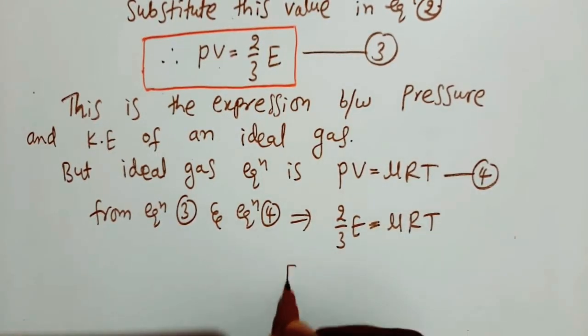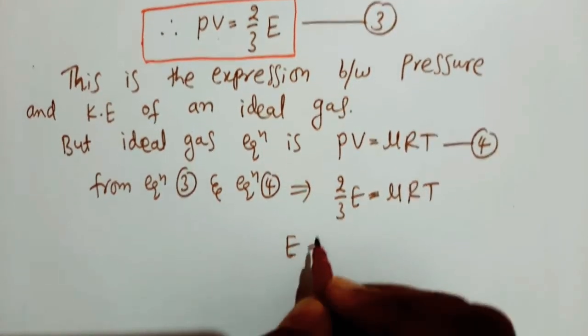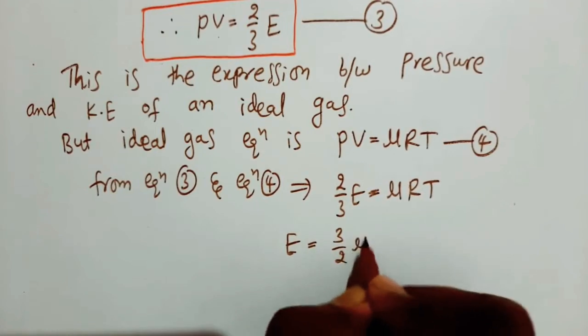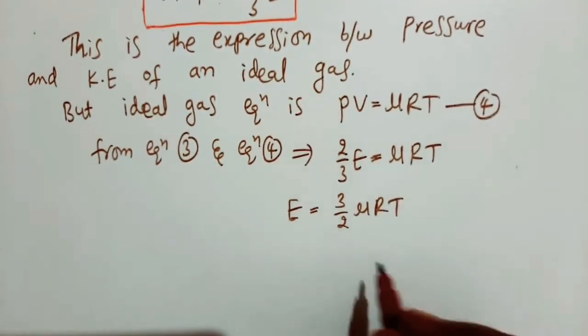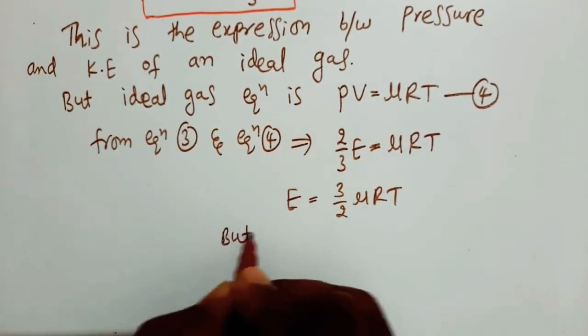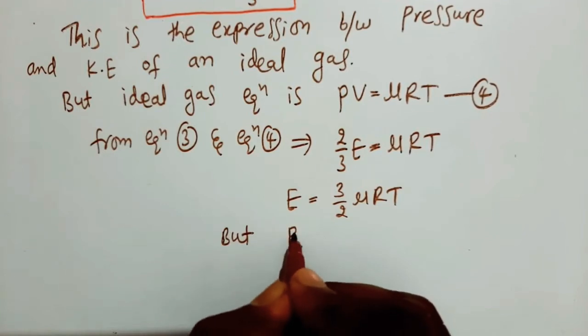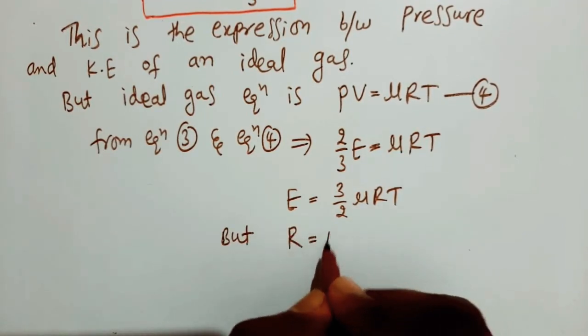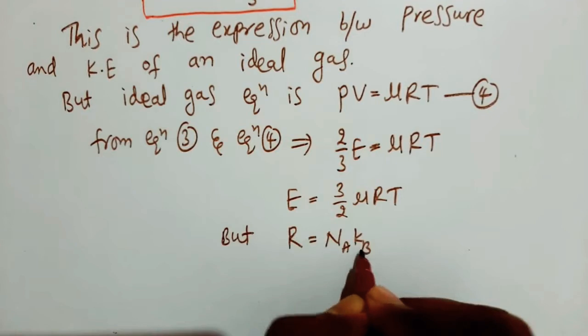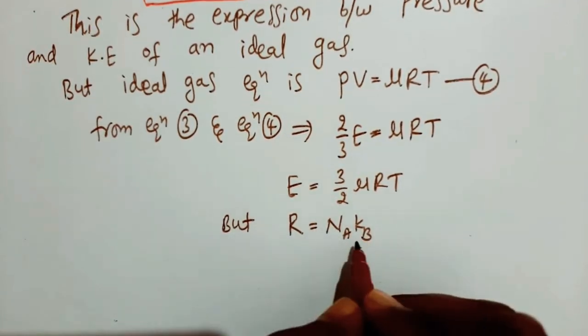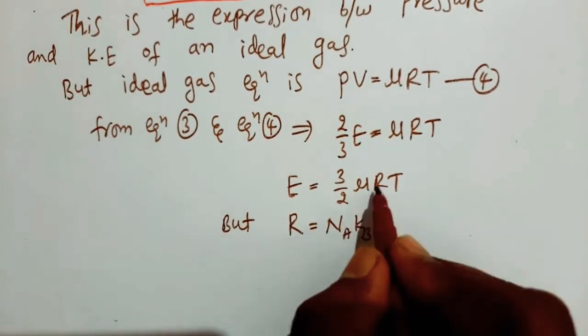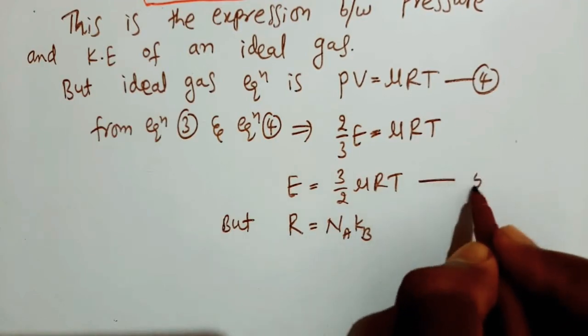So from this, E = 3/2 μRT. But we know capital R = NA into KB. So substitute this value in this equation. Let us take this as the fifth equation.